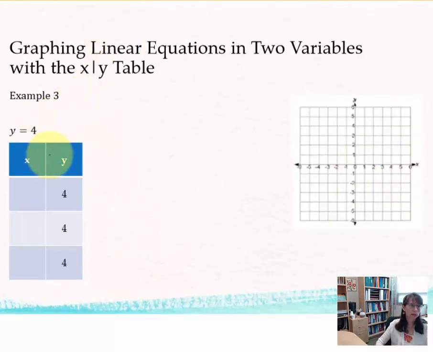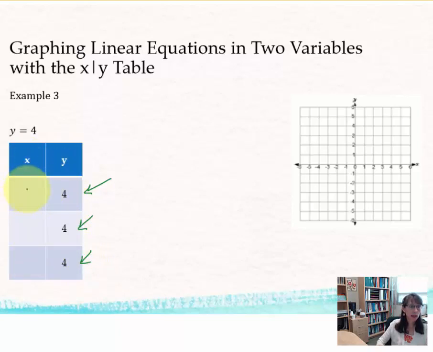Now this example is a little bit different than the other two. Y equals 4. Notice that there is not any x in the linear equation. So how could we possibly substitute something for x if there is no x? Well, that's because this is a special case. Y equals 4 means the y value is always going to be 4, no matter what the x value is.